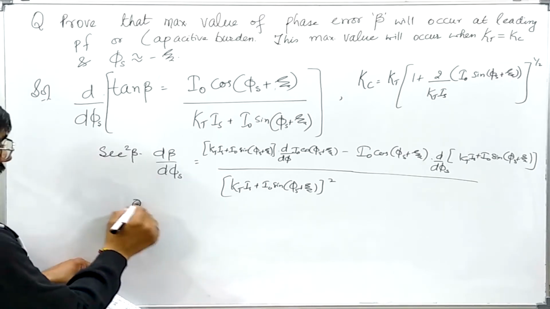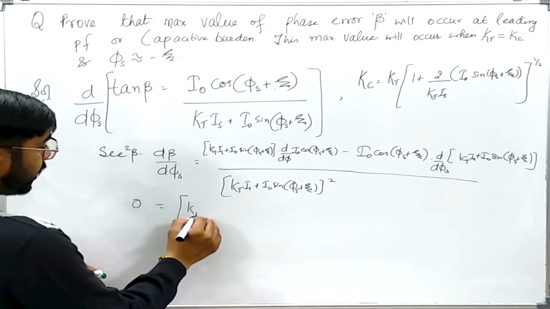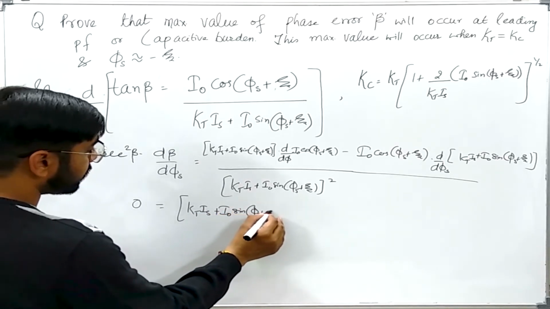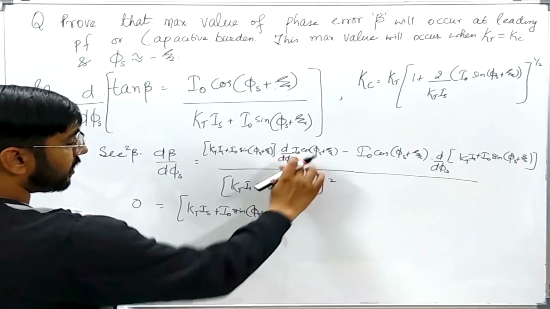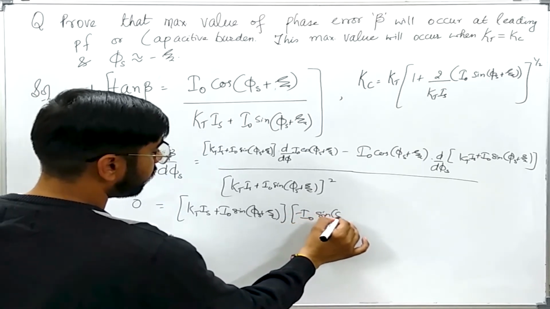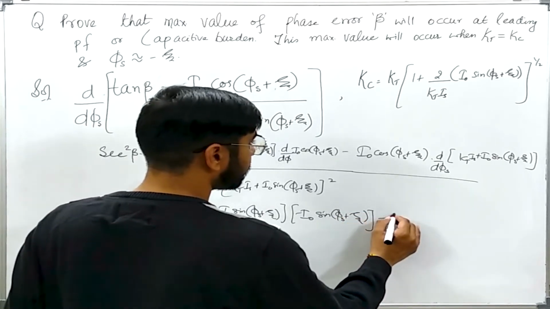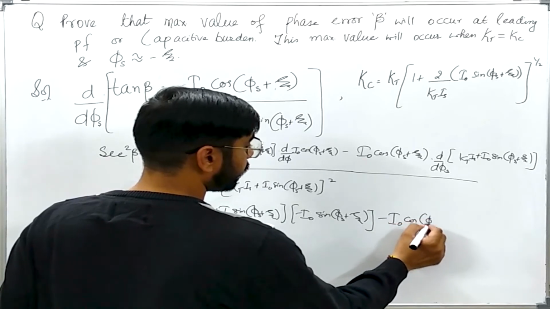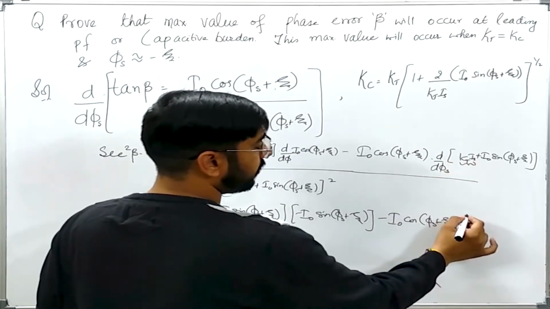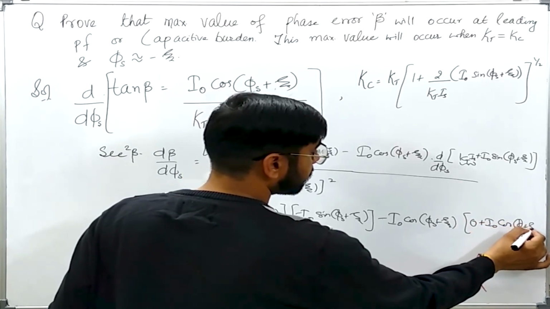The denominator will go to the other side, so 0 is equal to Kt is plus I naught sin of phi s plus zeta, times minus I naught sin of phi s plus zeta, minus I naught cos of phi s plus zeta times the derivative of the constant term, which is 0, plus I naught cos of phi s plus zeta.